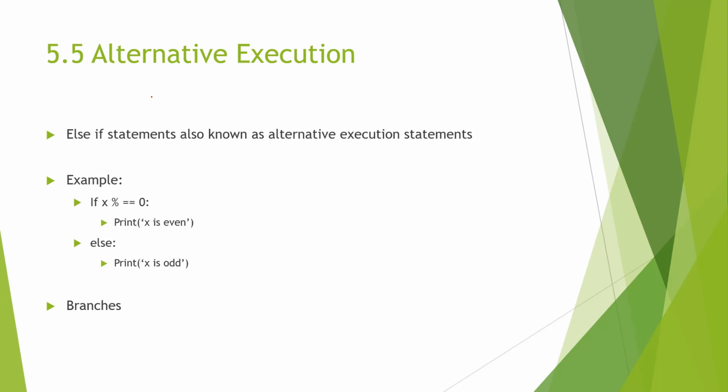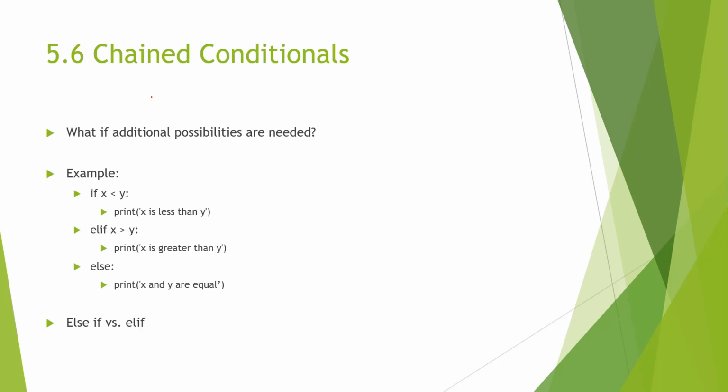If something, first branch, else, second branch. Look at the indentation. The indentation is going to be important. Remember that the alternatives are called branches because they are branching into other flows of execution. Again, this is known as an alternate execution in Python.